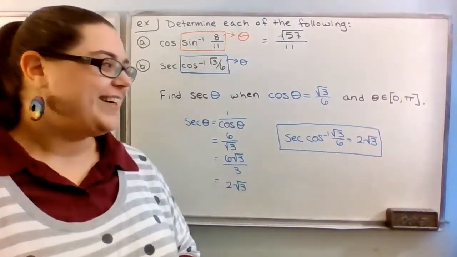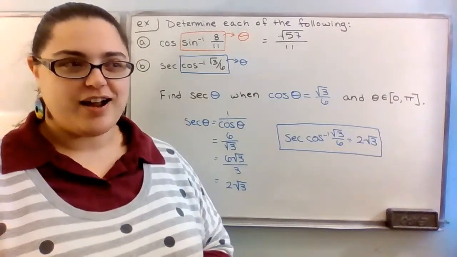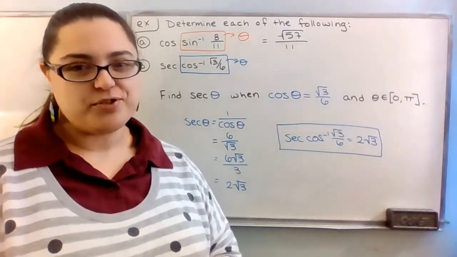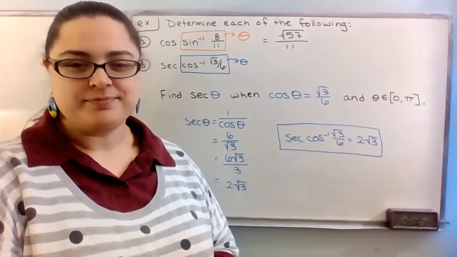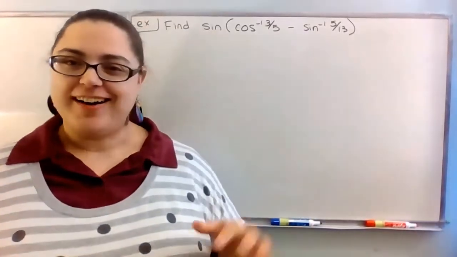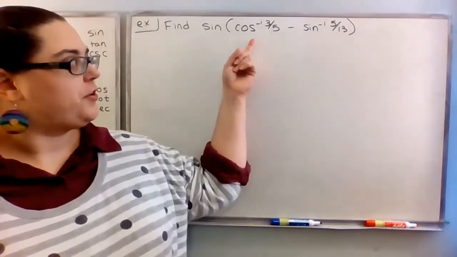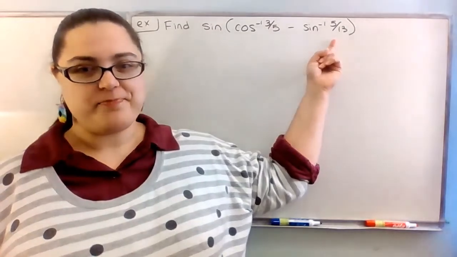Hope so. So let's make things a little more interesting and delve one layer deeper and look at an example of composing trig functions and applying, say, a sum or difference formula. For our last example, we're going to find sine of inverse cosine of 3/5 minus inverse sine of 5/13.